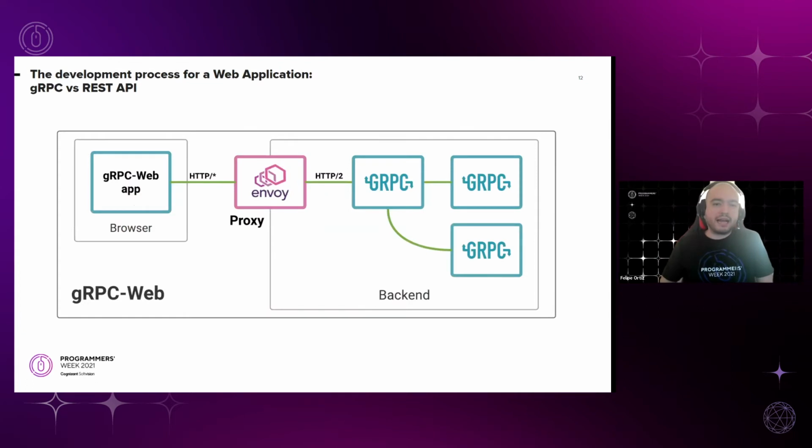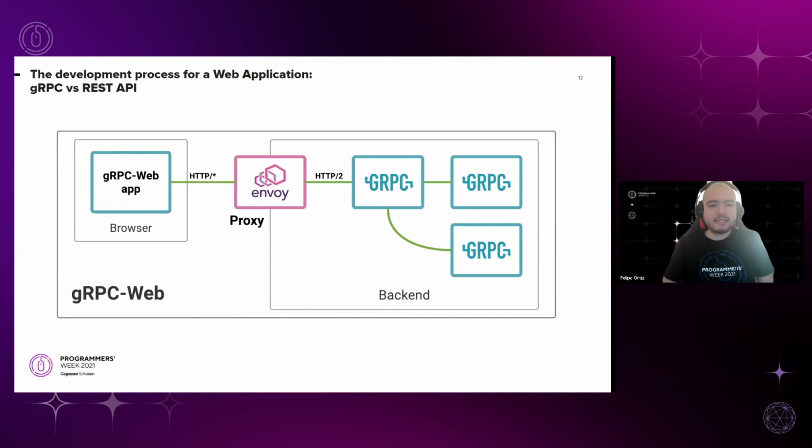Now, having covered all the introductions of these technologies, how can we manage to build a scalable, highly responsive web application using the power of gRPC? And how does it compare with the more standard approach of having a RESTful API?